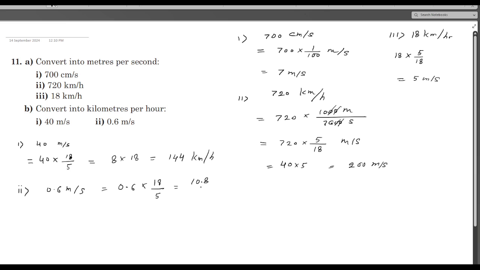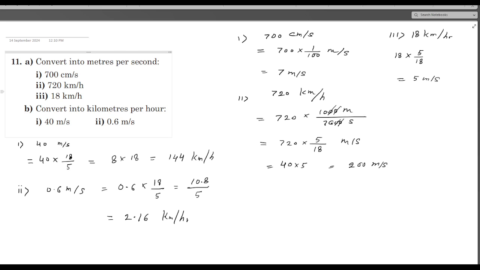So this is 10.8 divided by 5, which gives 2.16 kilometer per hour. So this is your conversion from meter per second to kilometer per hour.